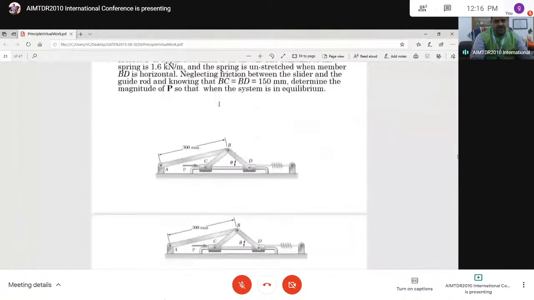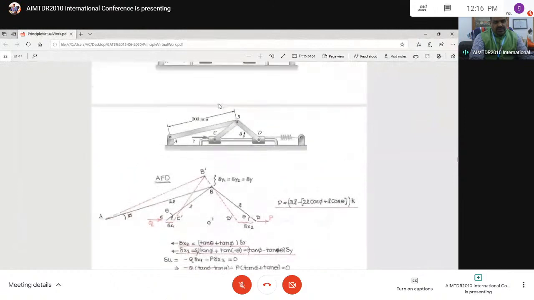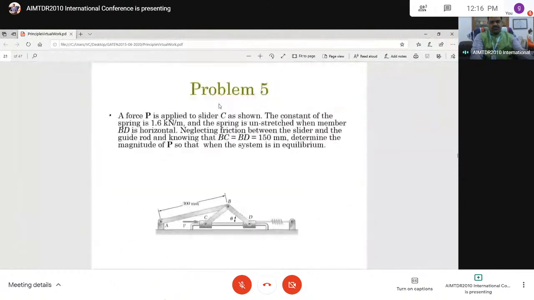Now, this is also another problem where we can consider the force P applied to slider C as shown. The spring constant K is equal to 1.6 kilonewton per meter, and the spring is unstretched when member BD is horizontal.